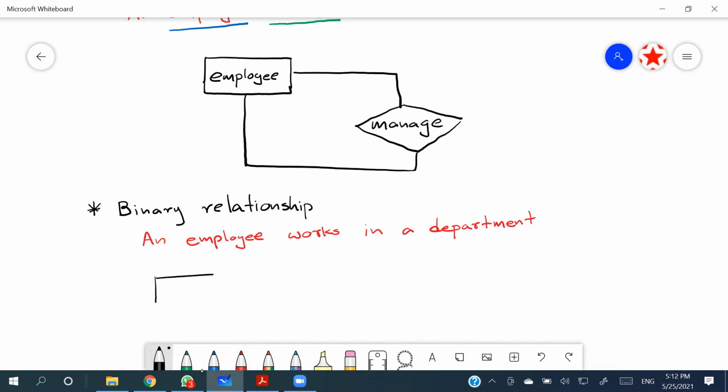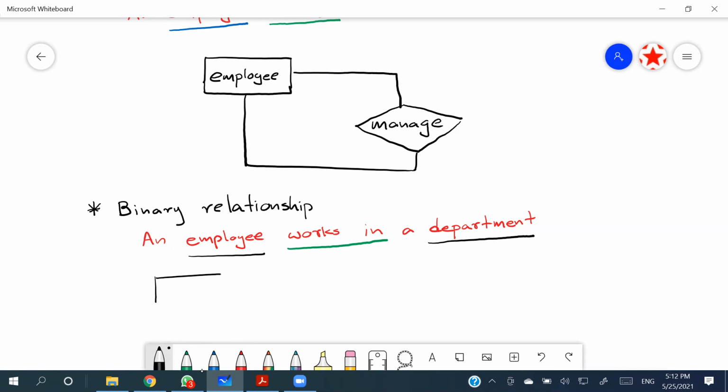There are two nouns which are going to be entities, and there is one verb, works in.